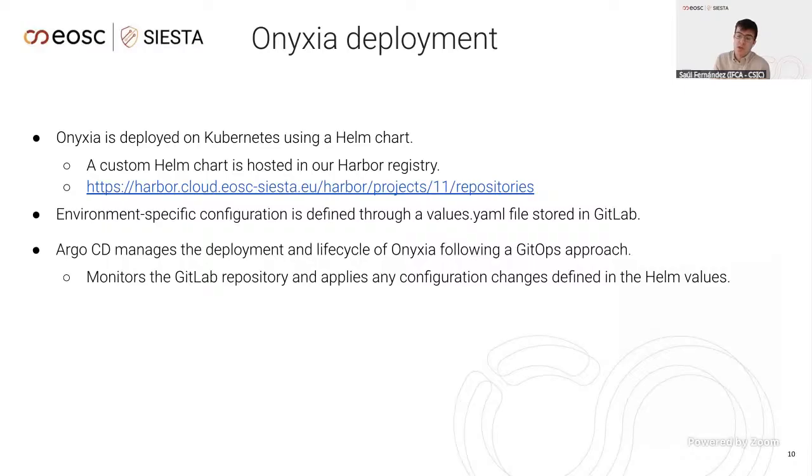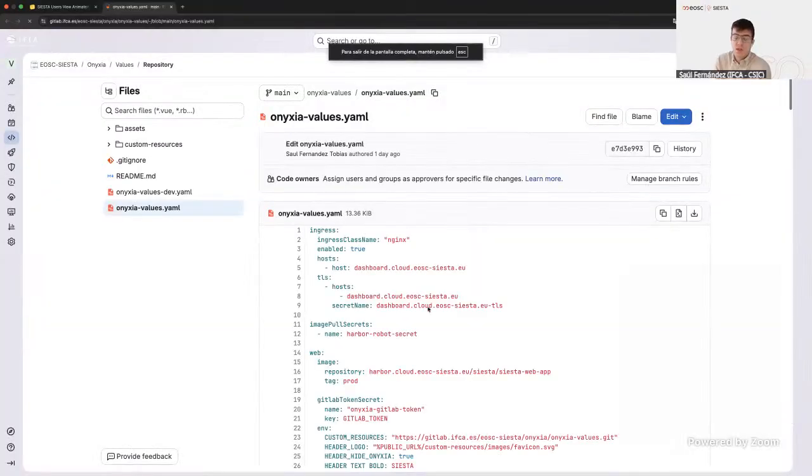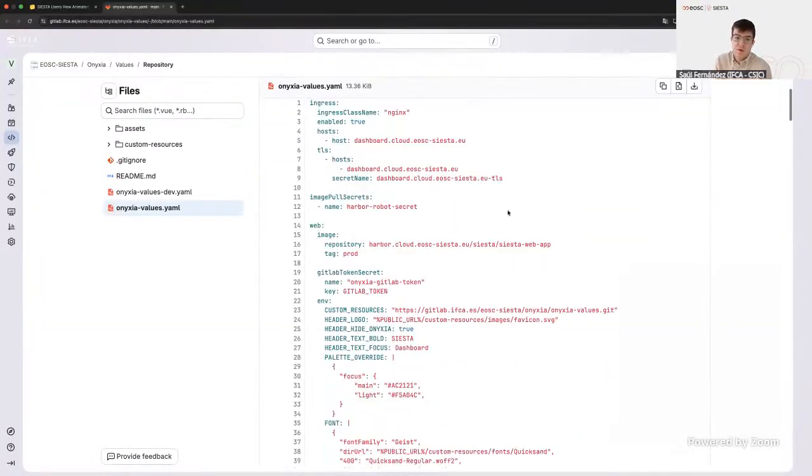In this way, with these two main components, Argo CD is able to manage the life cycle of the service inside the Kubernetes cluster. So now let's take a look at this Onyxia values file, which is the values file that is configuring the Onyxia deployment inside the SIESTA platform.